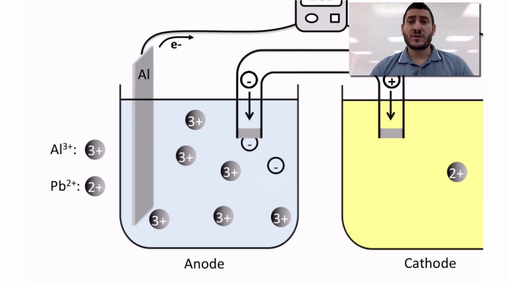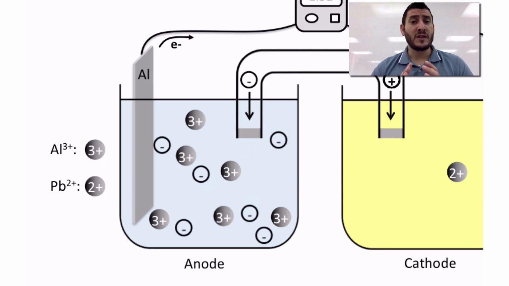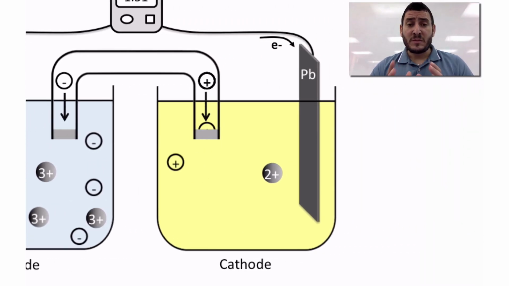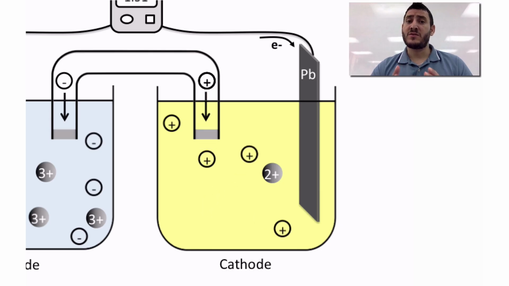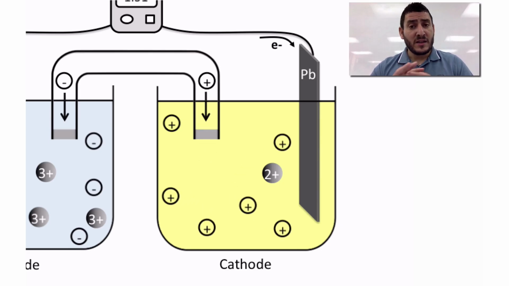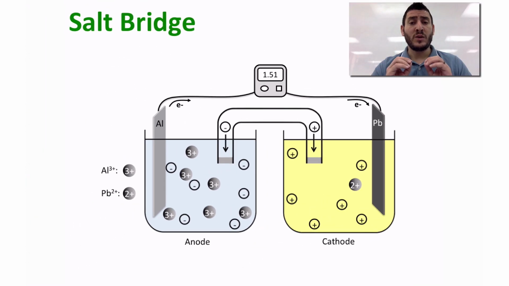And hence the role of the salt bridge. The salt bridge will be pumping negative ions or anions to the anode compartment and positive ions or cations to the cathode compartment. And this way, both compartments will remain neutral at all times. And this will help the battery to continue generating power until it reaches equilibrium.